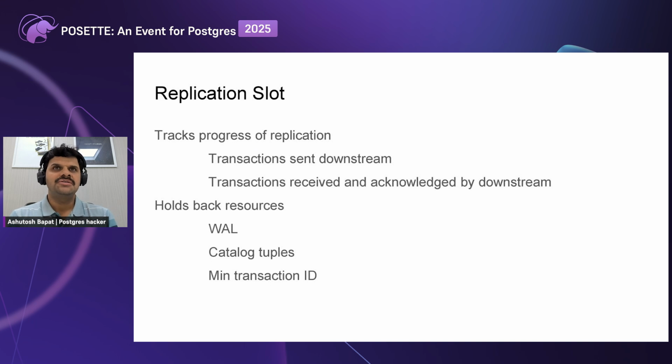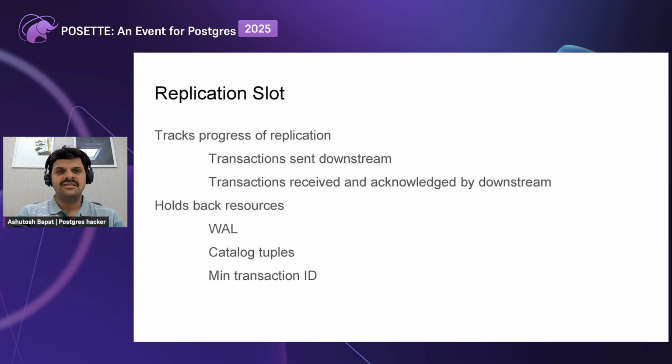Whether it's physical replication or logical replication, the upstream has to know how far we are in the WAL stream, how far a particular target has received WAL from the upstream. The WAL which has already been received and acknowledged can be released, making the disk free.